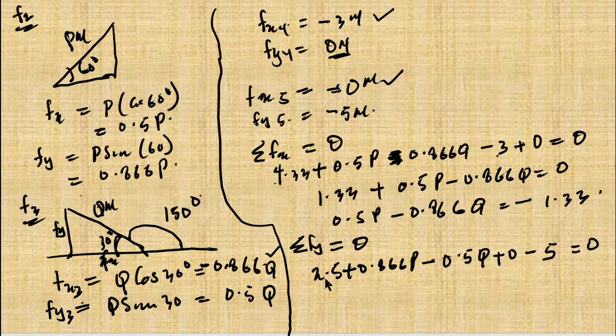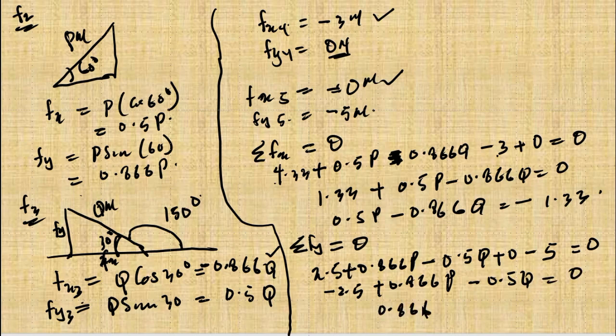So 2.5 minus 5 is obviously minus 2.5, plus 0.866P minus 0.5Q equals 0. So 0.866P minus 0.5Q equals minus 2.5.